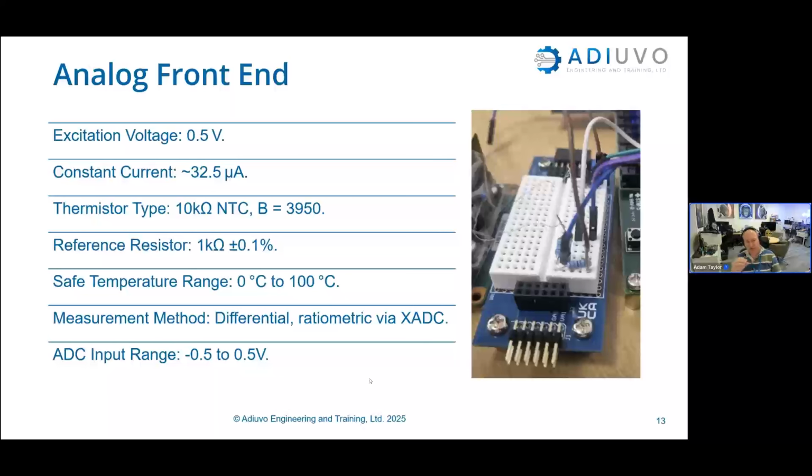We have this 32.5 microamp constant current. We've got the 10K negative temperature coefficient thermistor with a beta value there. We've got the reference resistor. We've got the safe temperature range. We're going to be able to monitor from, say, 0 to 100 C with this. And then we've talked a little bit about the measurement and how we're going to do it. So we're going to do this differential, this ratiometric via the XADC. And the ADC input range is going to be as is shown there.